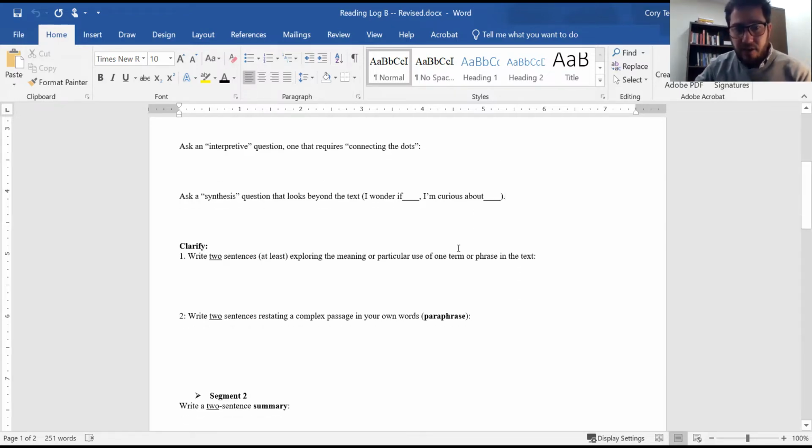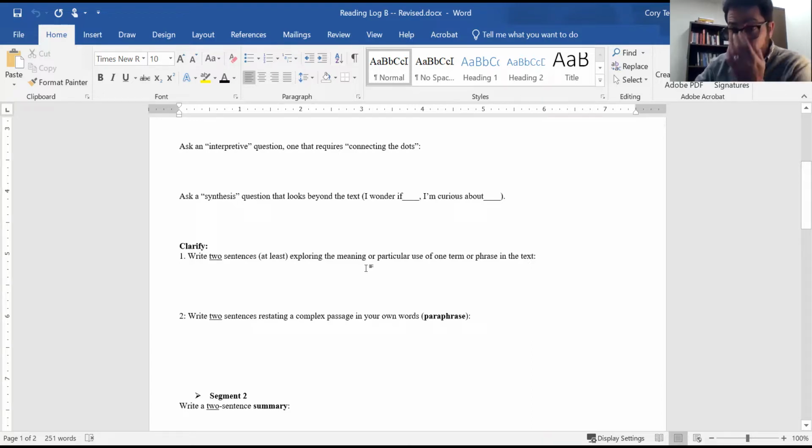Next, I want you to clarify 2 things. This first one, I want you to choose a particular term or phrase in the text and write out in your own words in 2 sentences what that term means in the particular way it's applied in that text. We're not looking for definitions here, and we're also not looking for you to find terms that you don't already know.